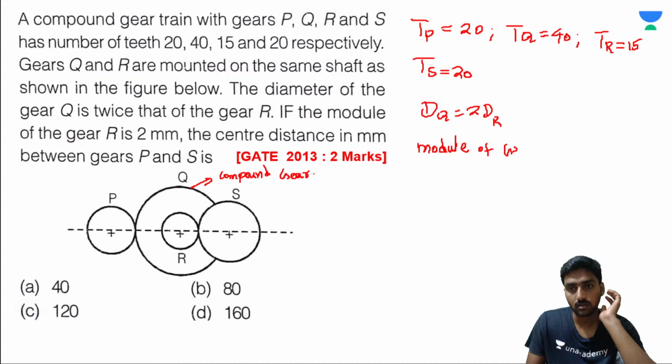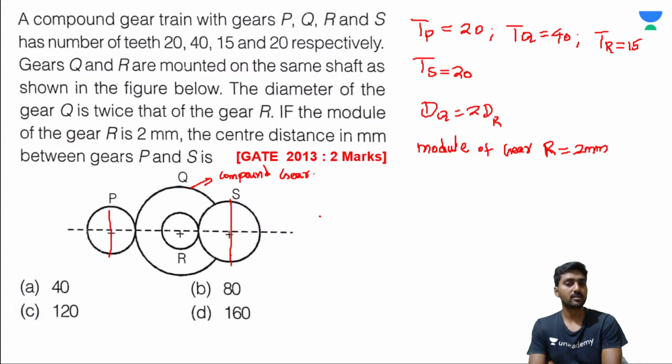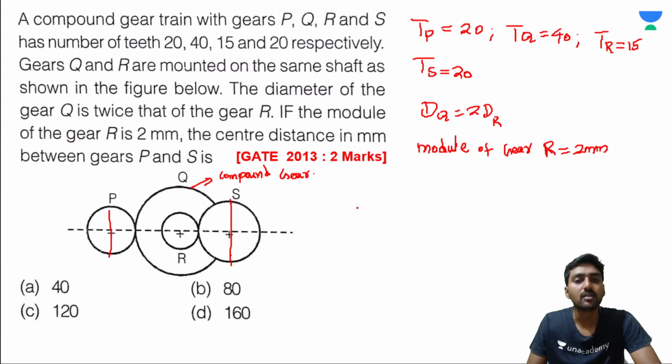How do we identify the center distance between P and S? It is very simple. For that we need to identify the diameter of each.